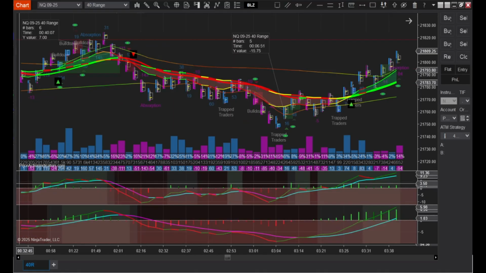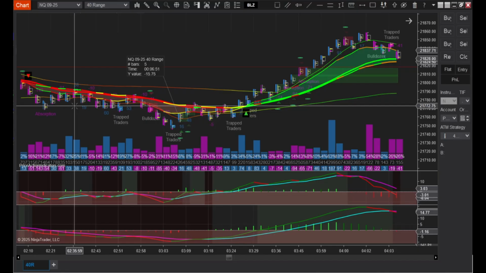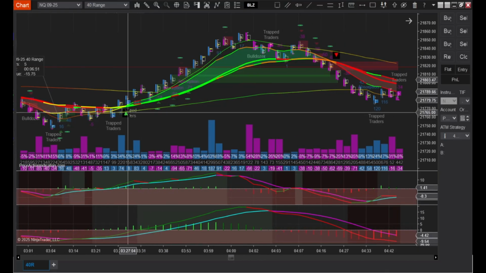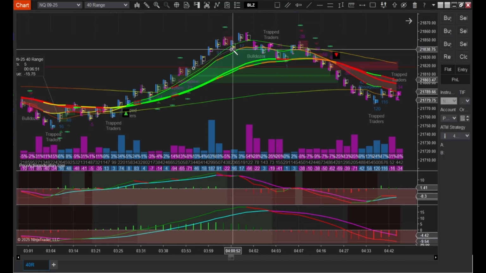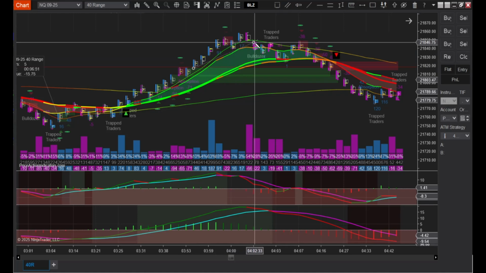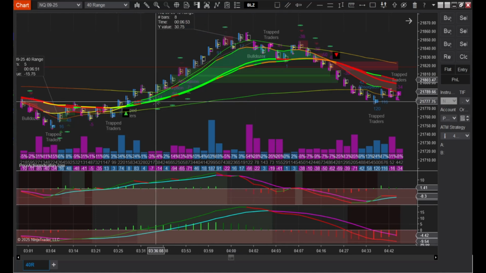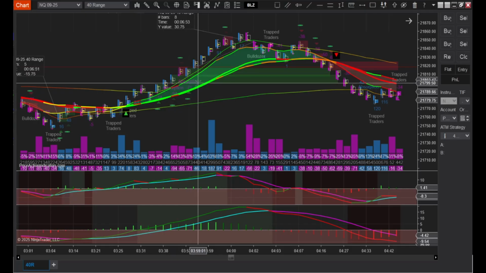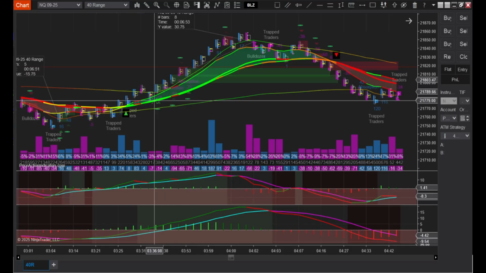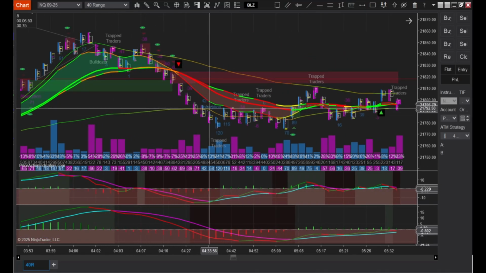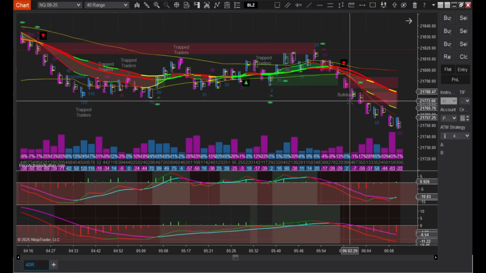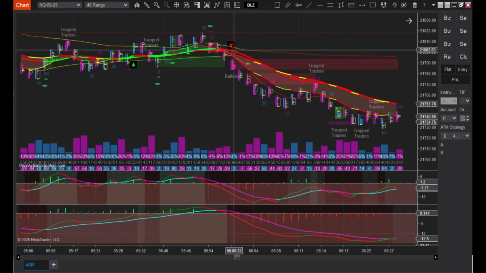So remember, there's no reason to be greedy with any of this because it all works. There we go. Wait for the setups and the ones that are going to go. All right. This cross down, never got an entry for there. We're all down below.